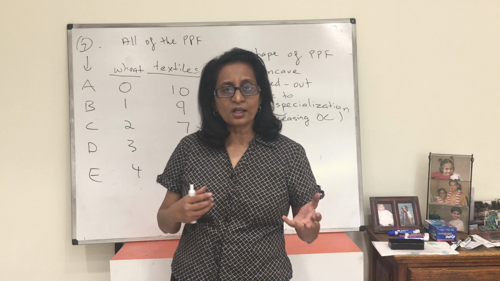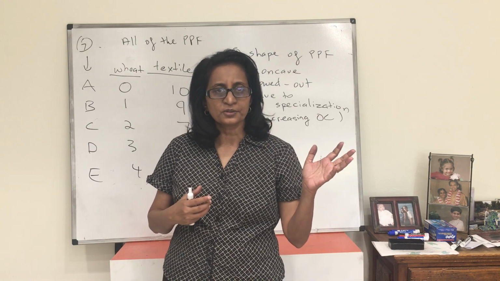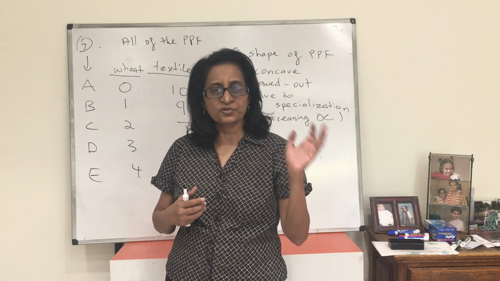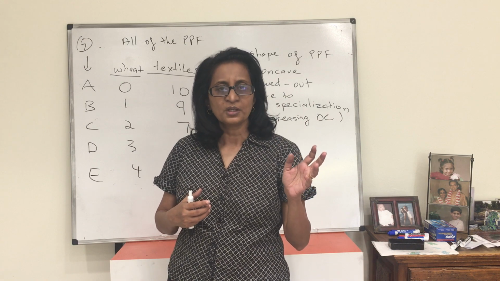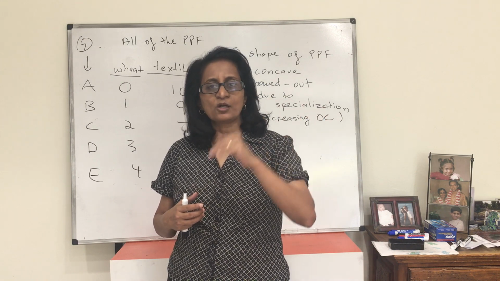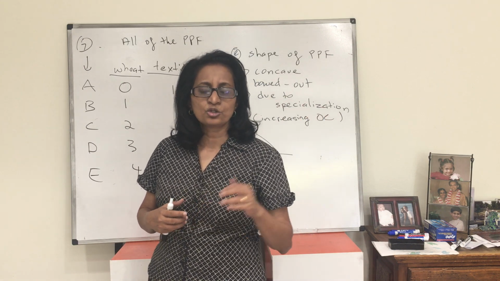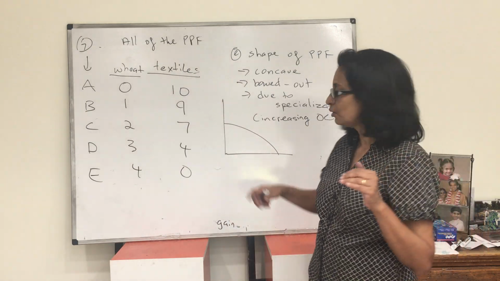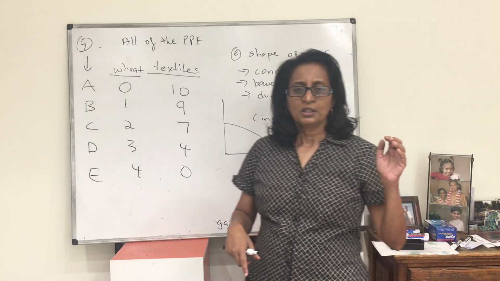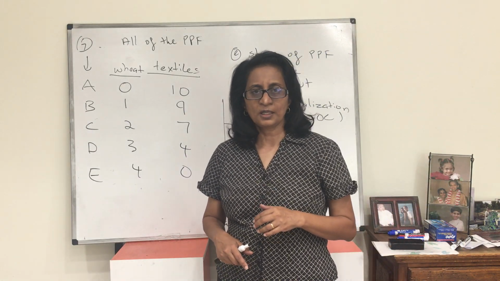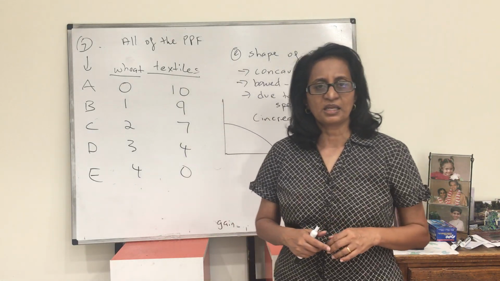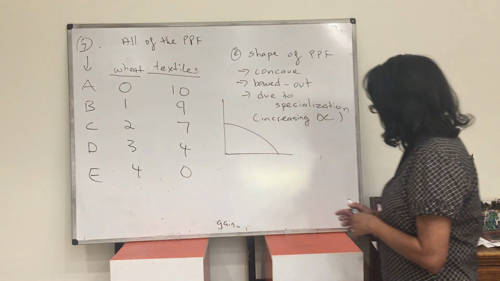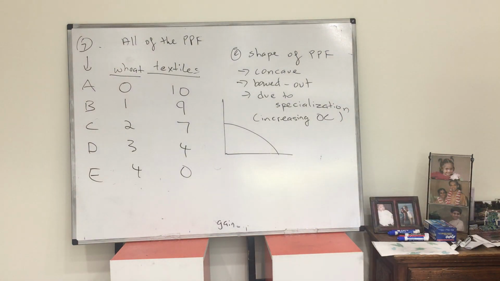And if two products require two different skills, the labor has two different skills, then that graph is going to be concave. That's the shape, and it's due to the differences in skills and differences in specialization in your resources, for an example like I gave in labor. So that's why the shape will be concave.